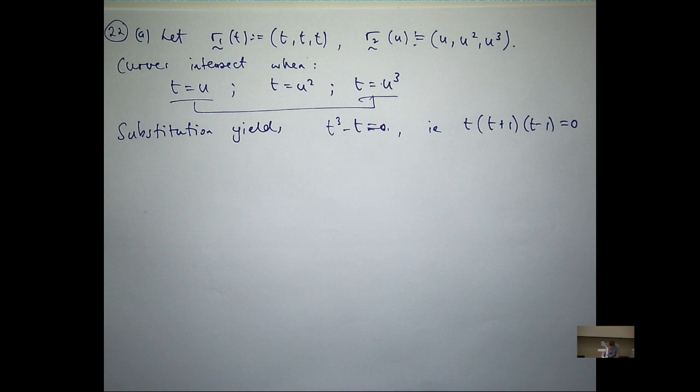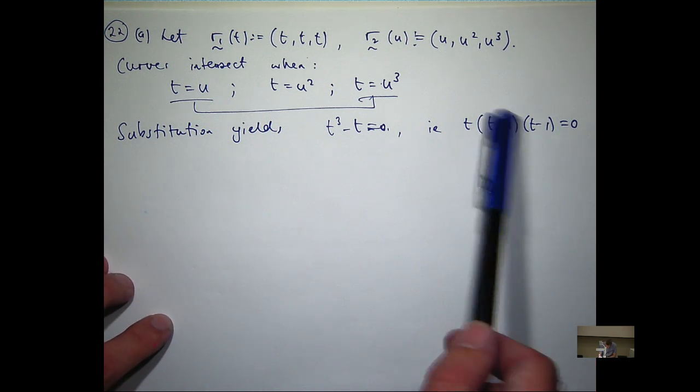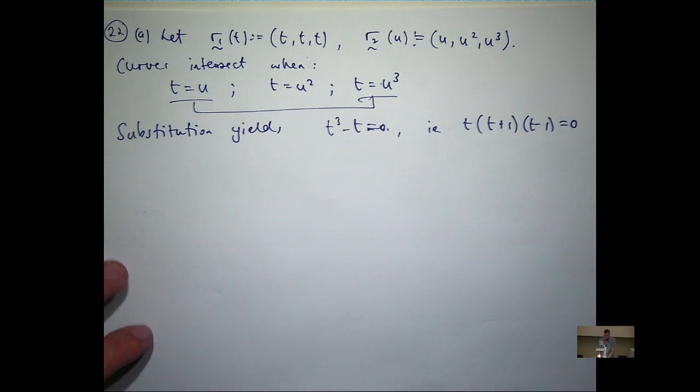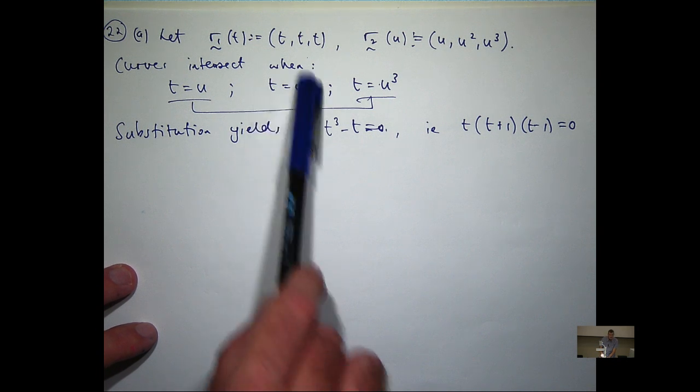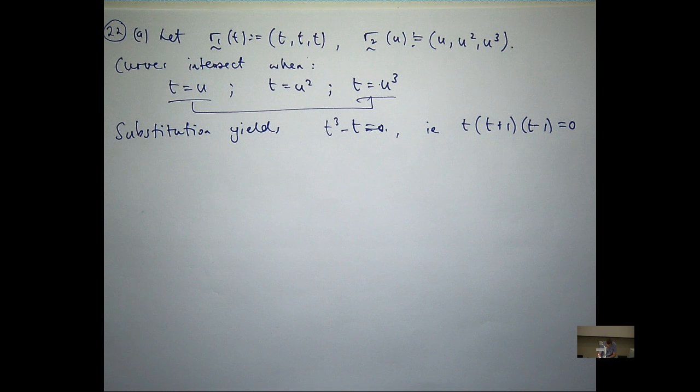On the surface, it looks like I've got three t values: t equals 0, t equals 1, and t equals minus 1. But can anyone suggest why I should ignore the t equals minus 1? Yeah, it doesn't satisfy this because t equals u squared, so t can't be negative.